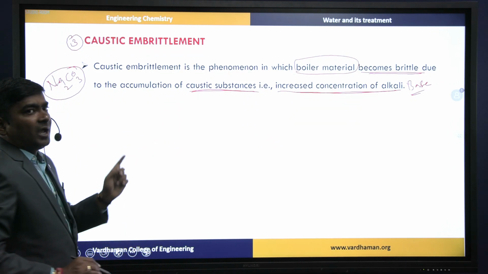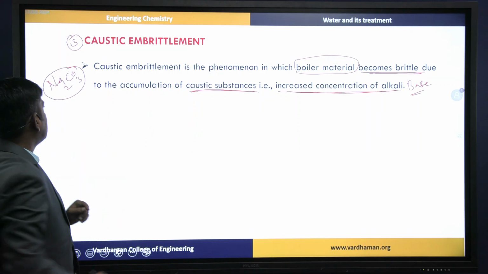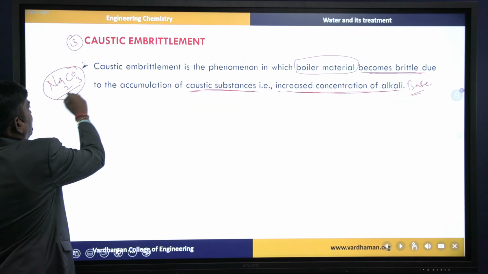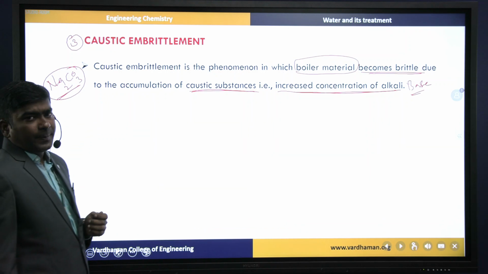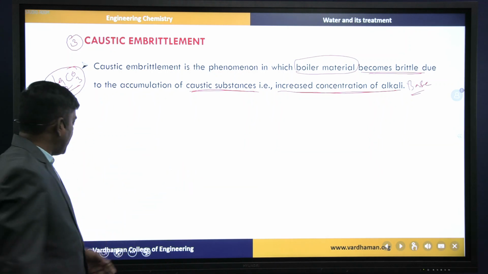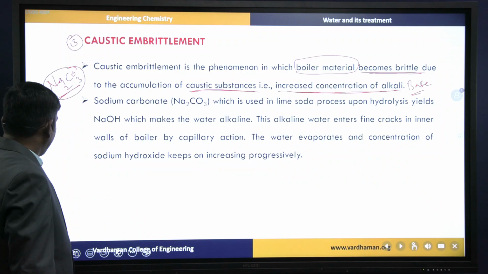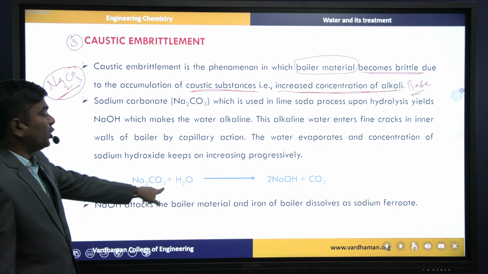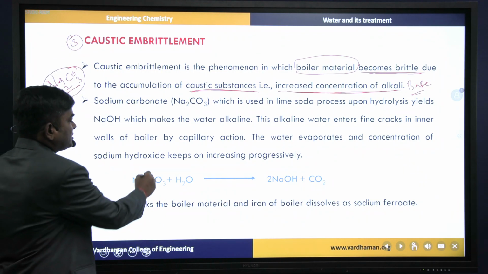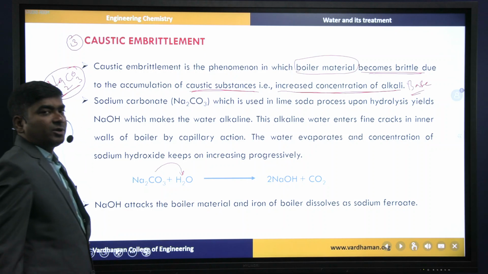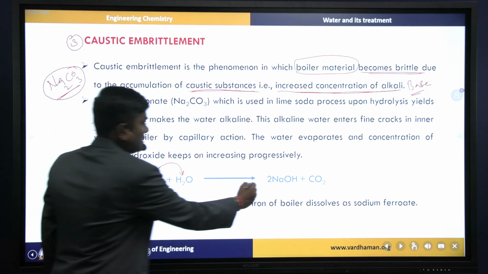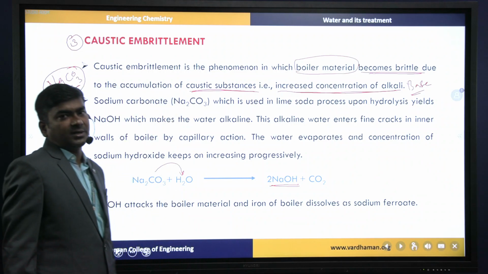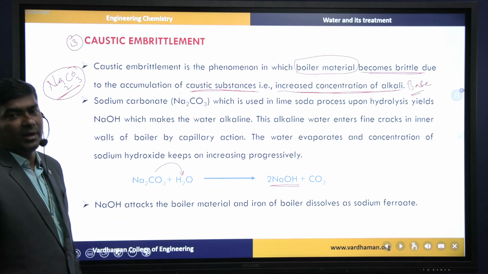Among them, one chemical is sodium carbonate. If we add excess sodium carbonate, that excess sodium carbonate reacts with the water and forms sodium hydroxide inside the boiler.